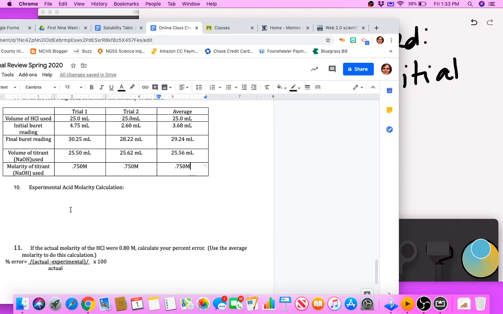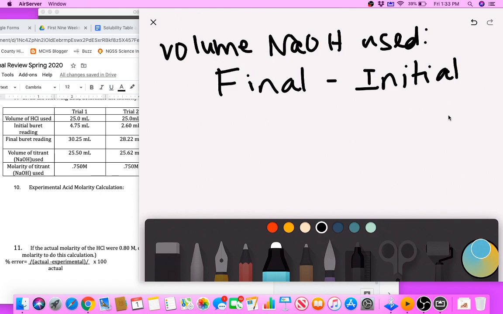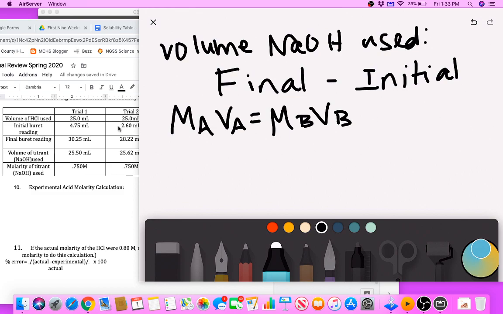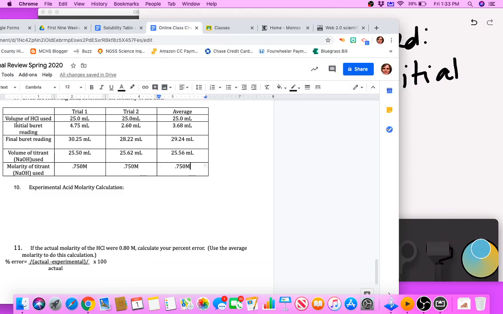So now we got to do the experimental acid molarity concentration. To get that, guys, we're going to use our equation, MA VA equals MB VB. Again, the A's are for acid, the B's are for base. All right, so our acid is our HCl. So this is our volume of acid that we used. So that is VA.